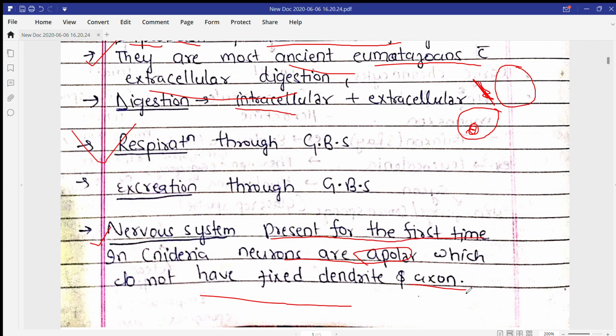We cannot describe how many dendrites or axons they have. So they form a nerve net-like structure.